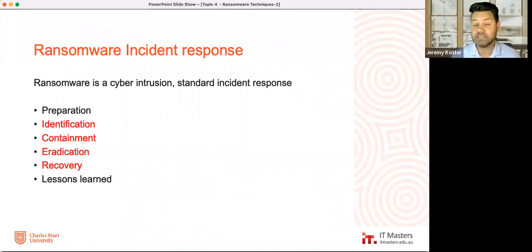They expand on this a little bit, but essentially this is the structure that we follow, and it works well for ransomware. Sometimes it doesn't work so well with an incident like maybe an API incident, where it's not so much an intrusion, and there's not much eradication or recovery to be done, just a closing of a vulnerability.